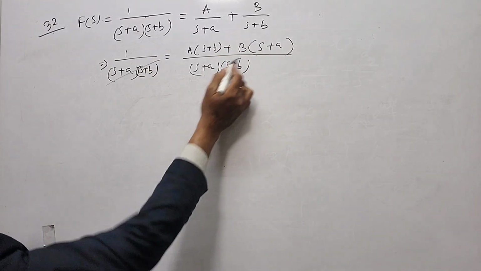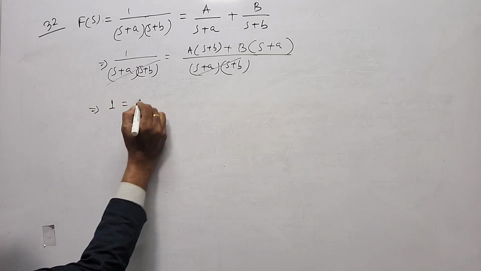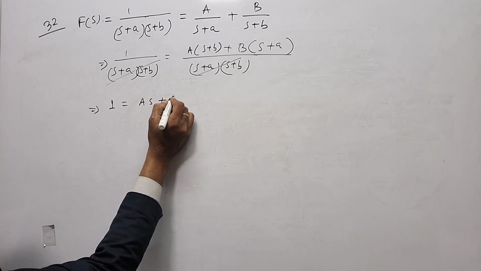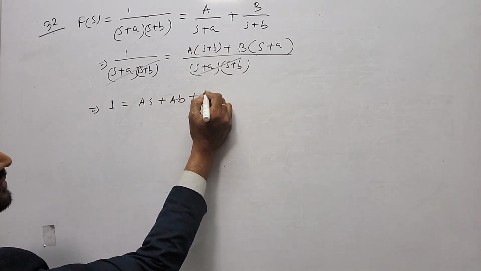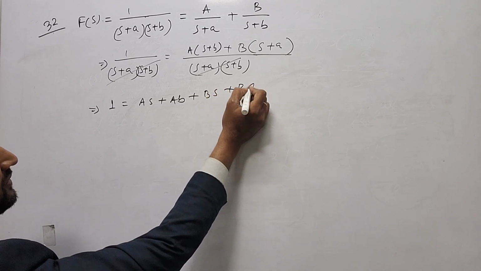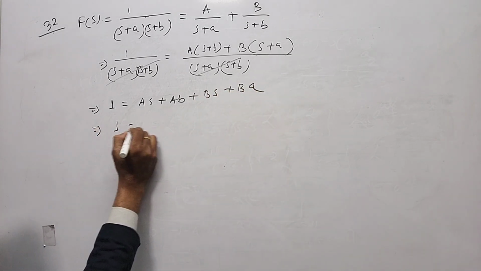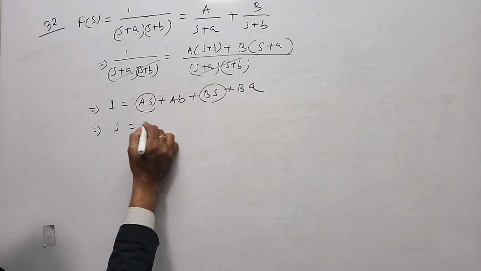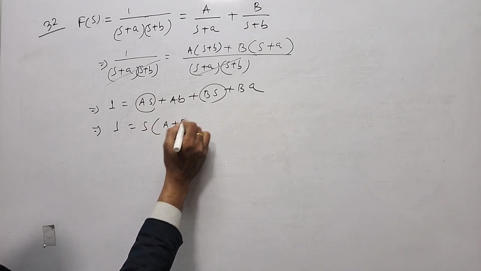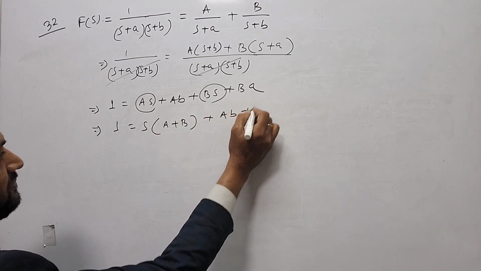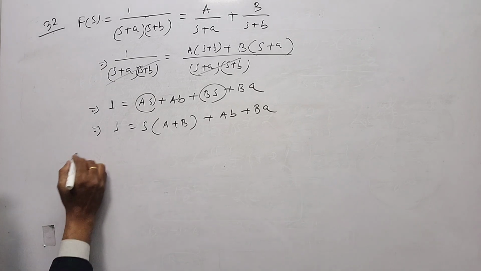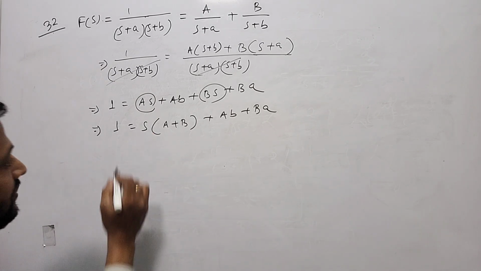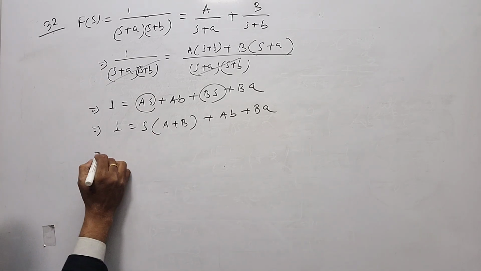Okay, so this part will be cancelled. So 1 will be As plus Ab plus Bs plus Ba. Then 1 is equal to, taking s common, s(A plus B) plus Ab plus Ba. Then comparing the coefficients, what do we get?